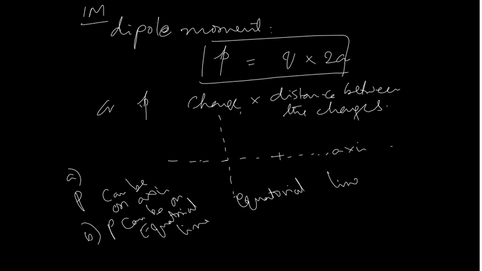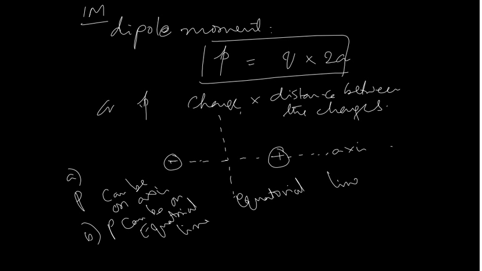Sometimes they may just ask the second case. The first case is very easy, so they don't ask the first case most of the time. Either they ask full or they ask B. Calculate the electric field intensity or the electric field of a dipole. You need to remember that this is of a dipole, clearly. So when they ask for the electric field of the dipole at any point on the equatorial line, then we have to do all this derivation.